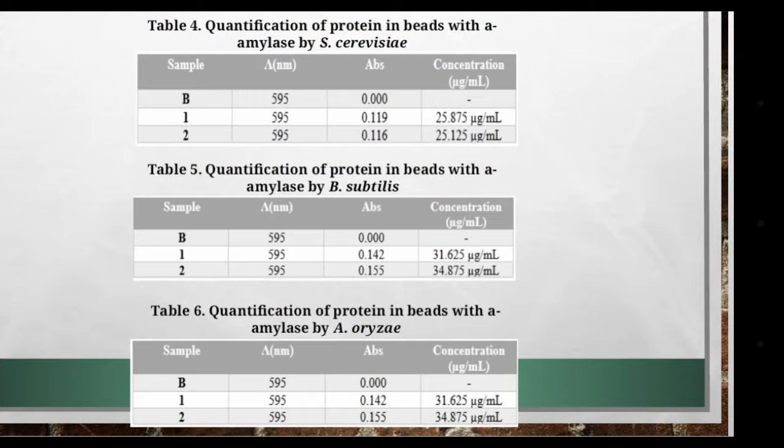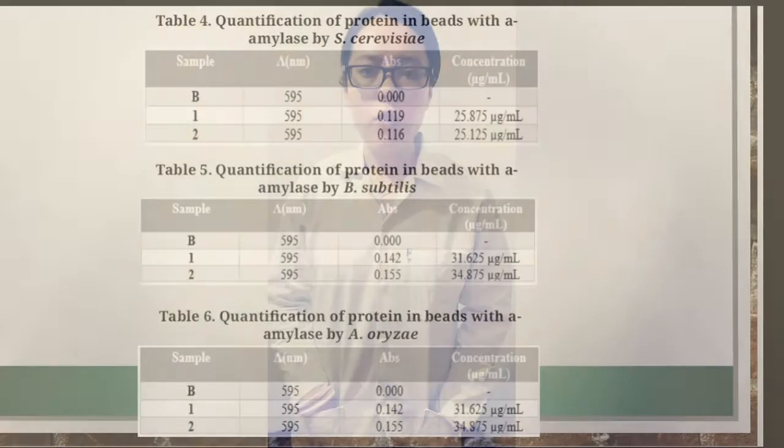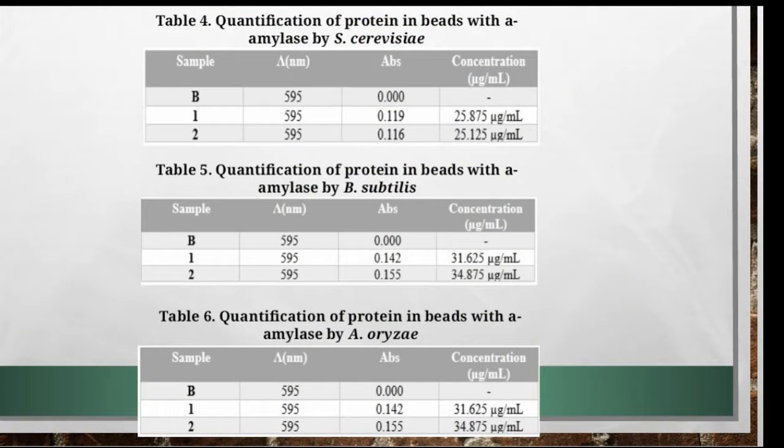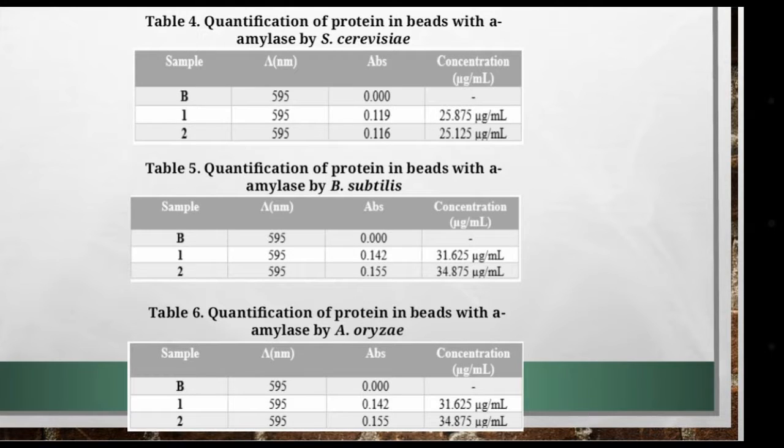Quantification of the immobilized enzyme was performed to have the approximate concentration in 7 beads with enzyme alpha-amylase from Saccharomyces cerevisiae in table 4. For the quantification of alpha-amylase from Bacillus subtilis, the results obtained are in table 5. For the quantification of alpha-amylase from Aspergillus oryzae, the results obtained are in table 6.